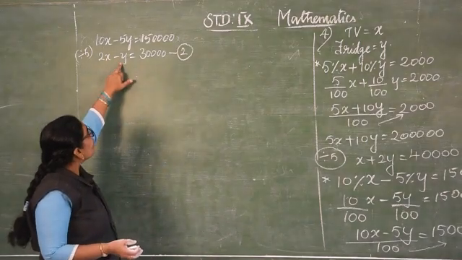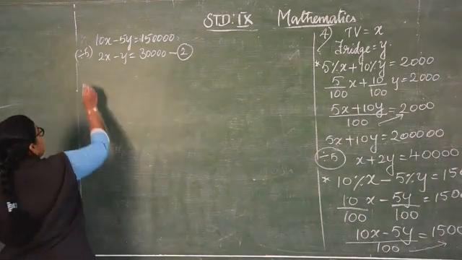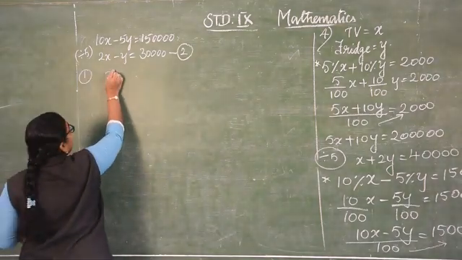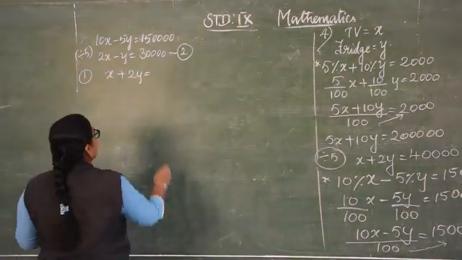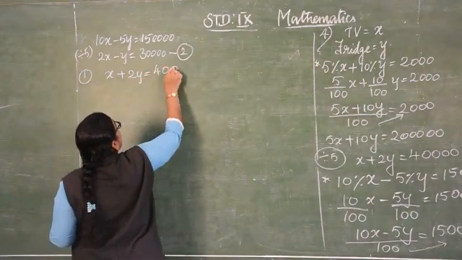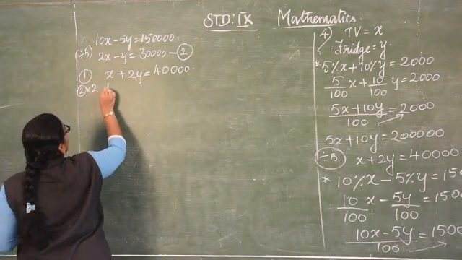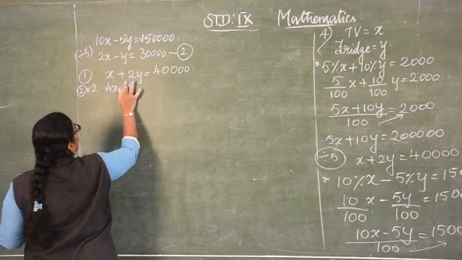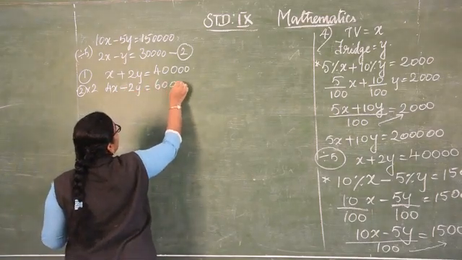So when you want to eliminate y, only the second part's coefficient is smaller. So the first equation as it is, we will be writing x plus 2y is equal to 40,000. Now second equation into 2. So 4x minus 2y is equal to 60,000.